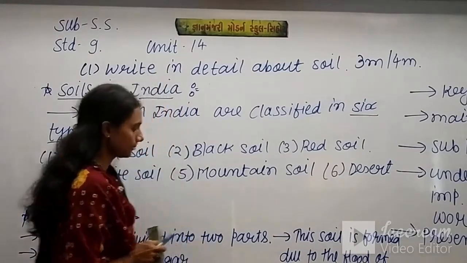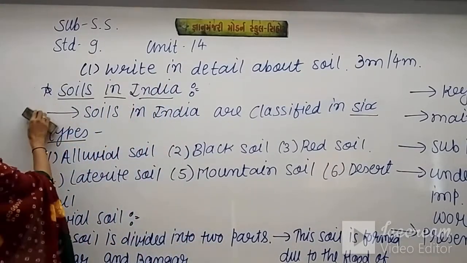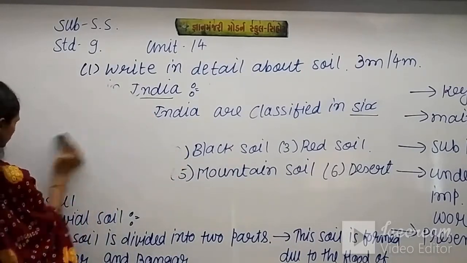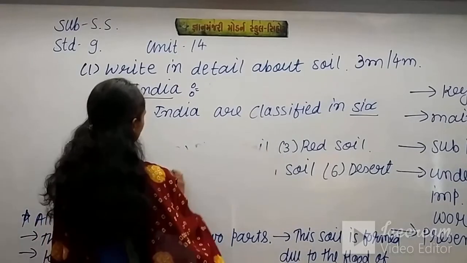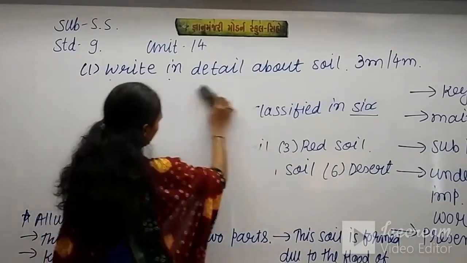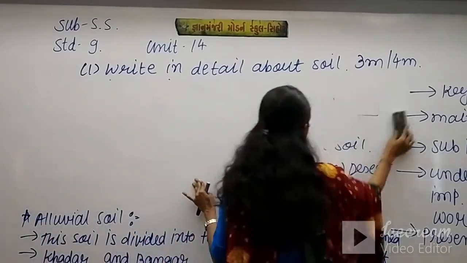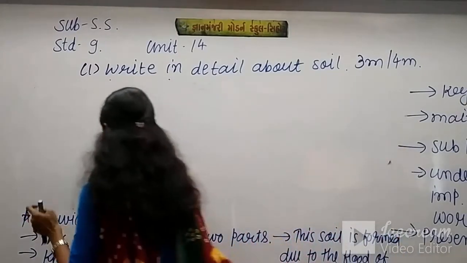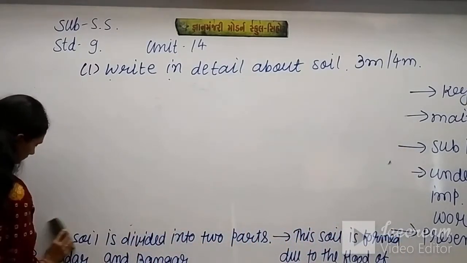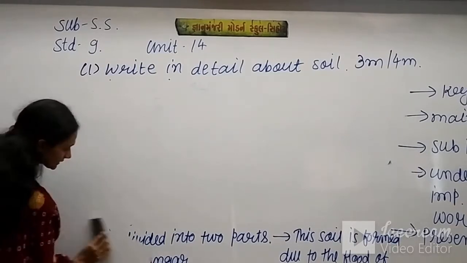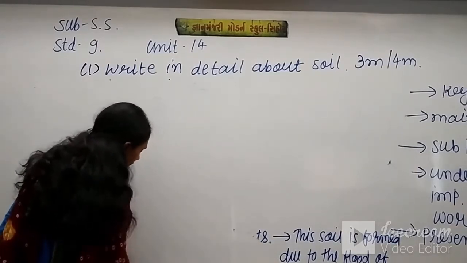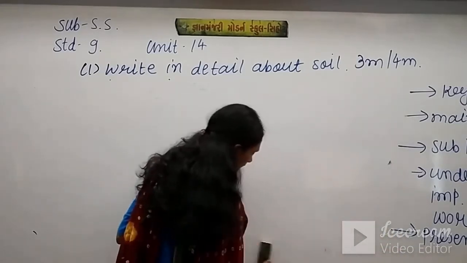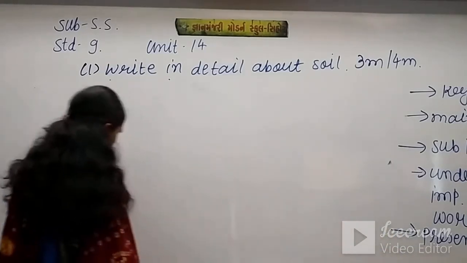Under alluvial soil we have 2 types, that is Khadar and Bangar. Khadar is mostly sandy, and you can see this alluvial soil in different types in different places of India.